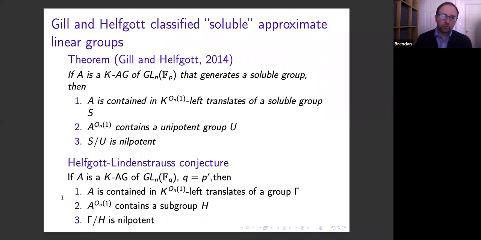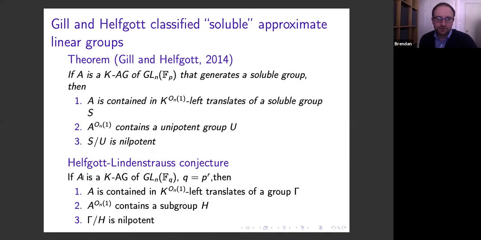So what is actually known? Gill and Helfgott prove this conjecture when Q is a prime, combining with some result of Pyber and Szabó. Actually, Breuillard, Green, and Tao in a separate paper proved a more general result.